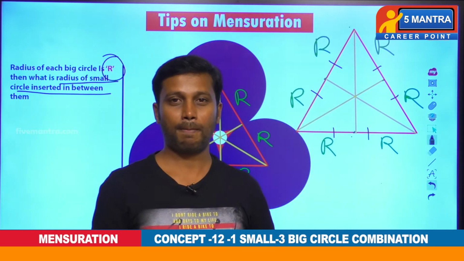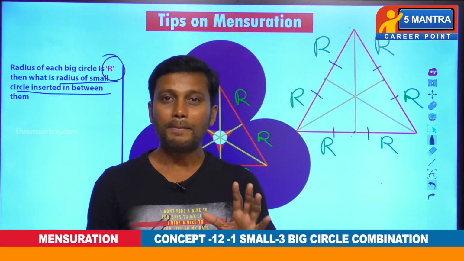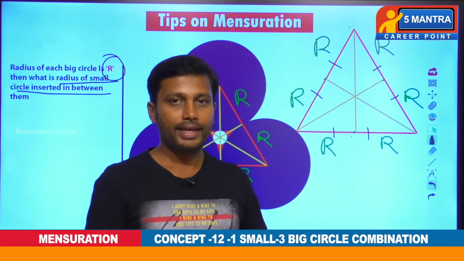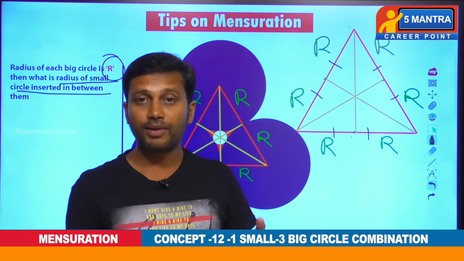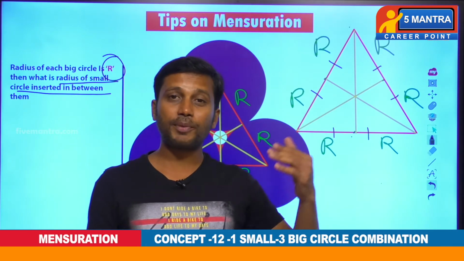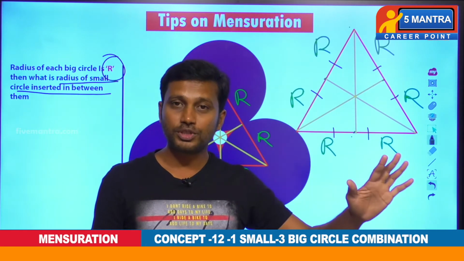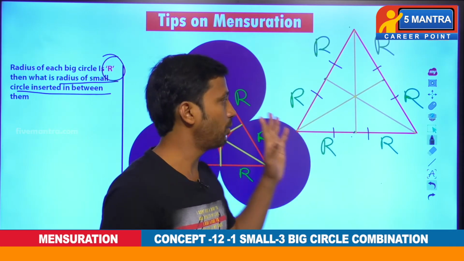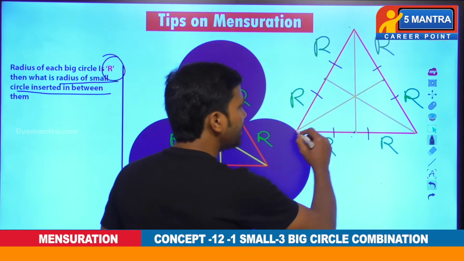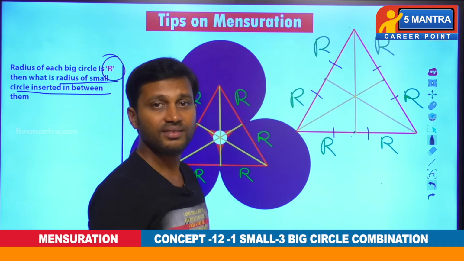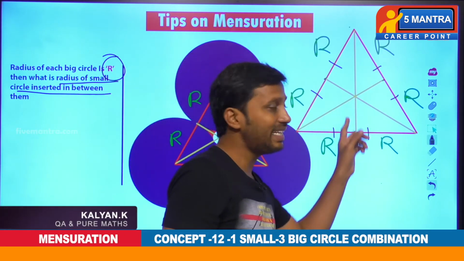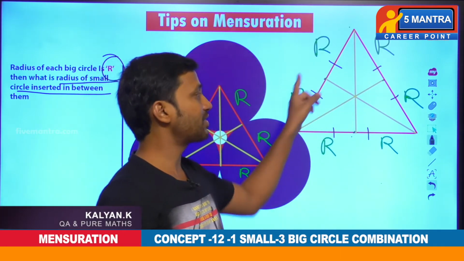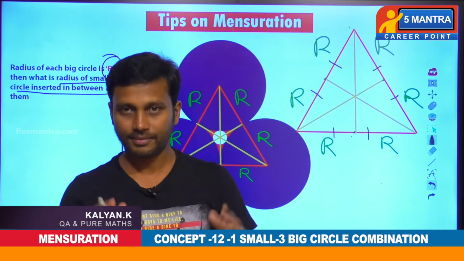Median. How it is a median and what medians are, we'll discuss in the geometry topic, but we are using the result here. Here this is also a median, this is also a median. So these three are the three medians for this triangle.